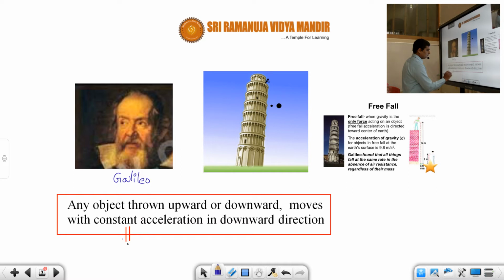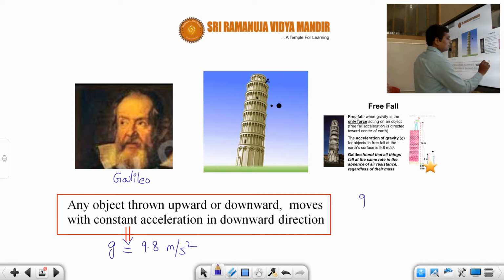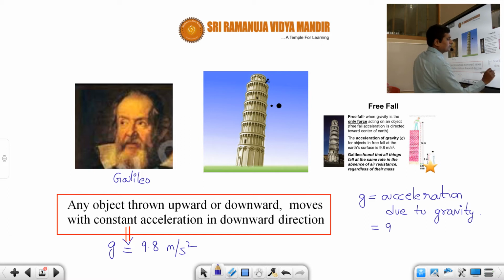It is 9.8 meters per second square, which we call acceleration due to gravity. g is called acceleration due to gravity. The exact value is 9.8 meters per second square, but for solving problems we can take it as almost 10 meters per second square.